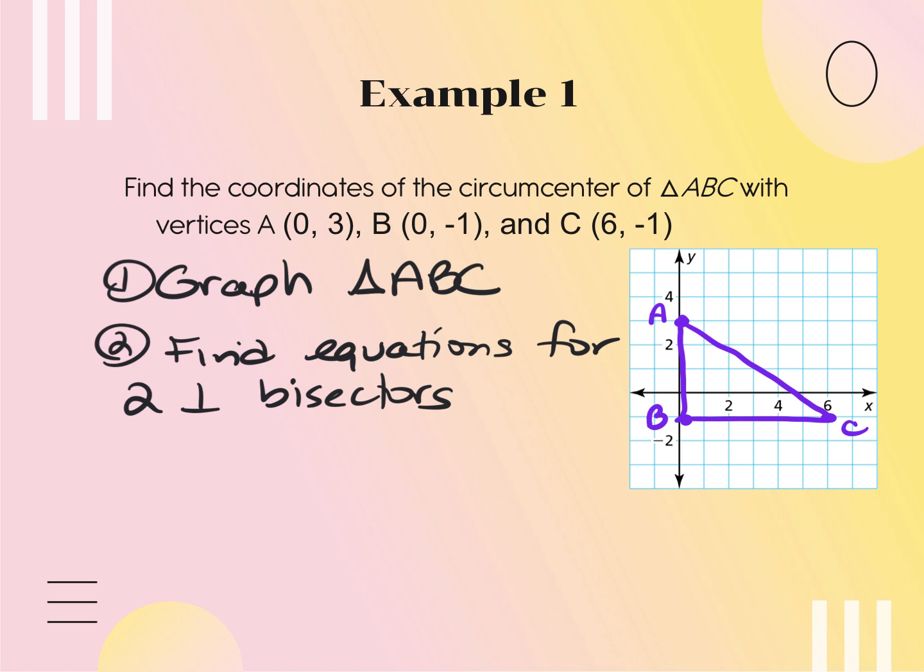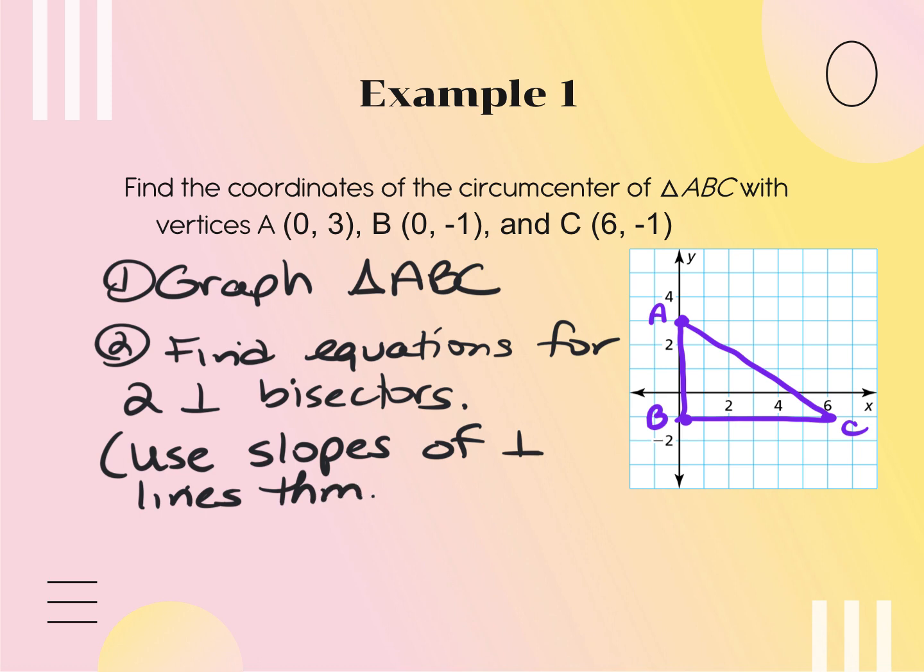We're going to be using the slopes of perpendicular lines theorem, which basically states that once you find the slope of the line, we turn it to opposite reciprocal.